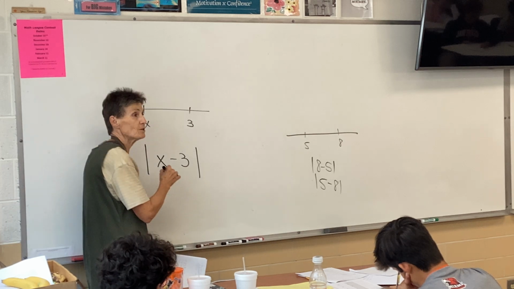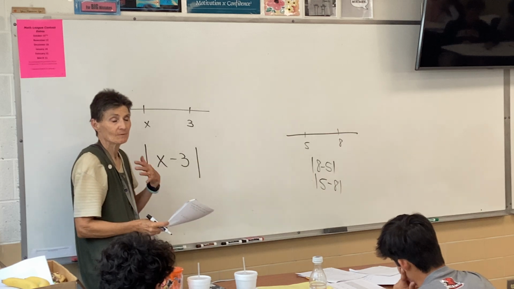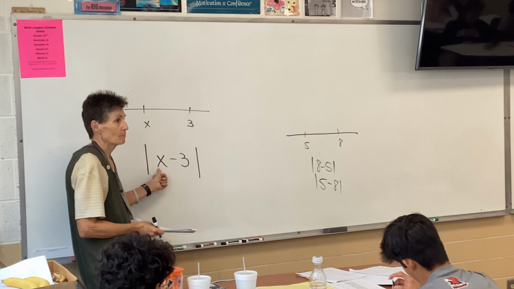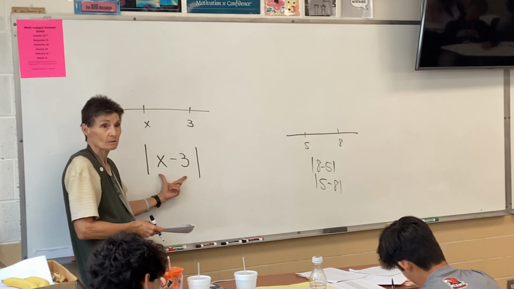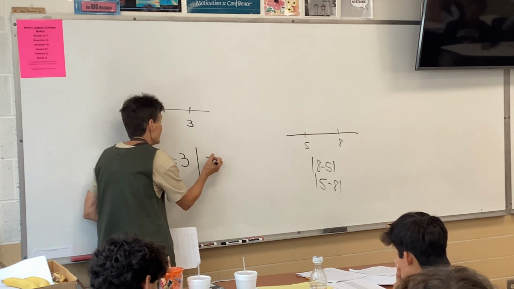Now, if you want to do 3 minus x, good. I'm kind of particular about it. I like to have my variable first. And since I'm in absolute value, it doesn't matter. So the distance is 8.